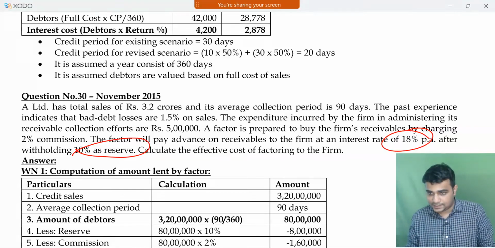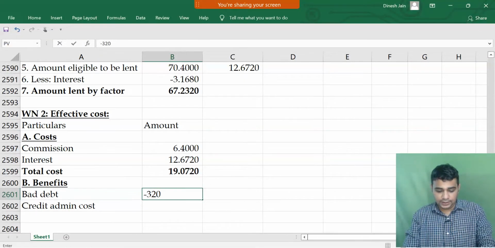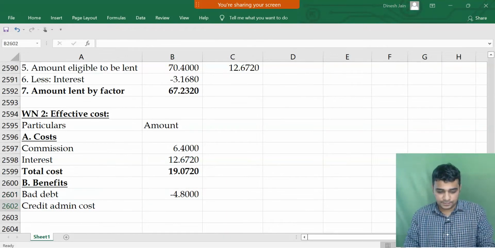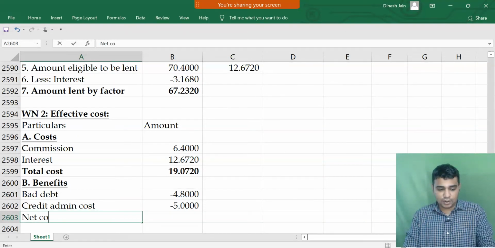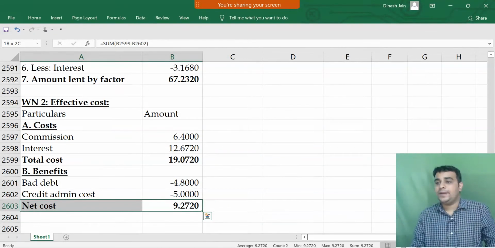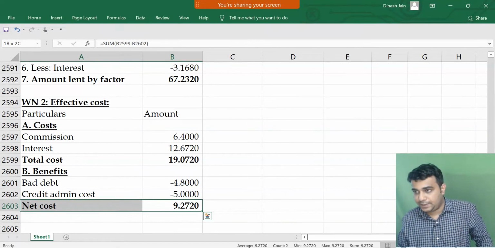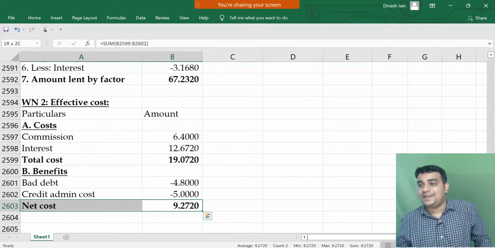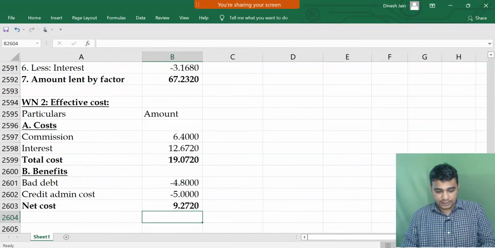That's an assumption: 320 into 1.5%. Credit administration, I'm going to save 5 lakh rupees on collection of money. So net cost, I will be spending only 9,27,200 on factoring.